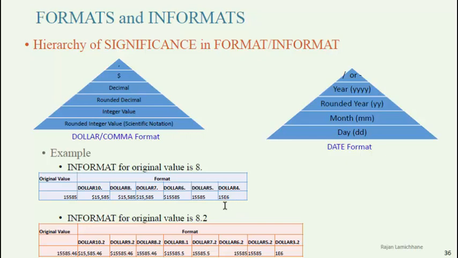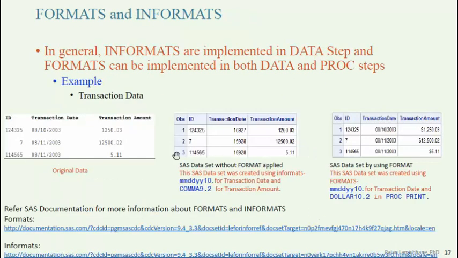That's what it is. And a similar concept applies for the informat also. In general, informats are implemented in the data step, and formats can be implemented in both data and proc steps.